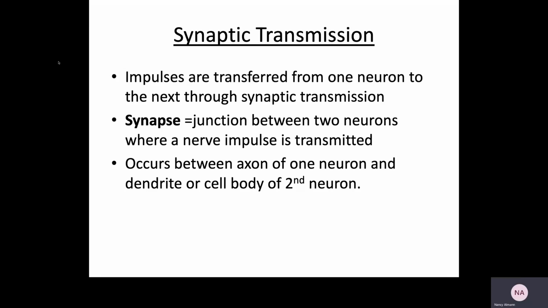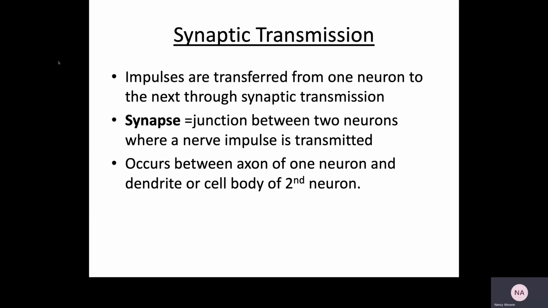Fortunately, much of the information that we're going to cover in the first part of this, you already know. We've already talked about synaptic transmission when we discussed the neuromuscular junction. With synaptic transmission, you are sending an action potential down an axon and transferring it from one neuron to another.